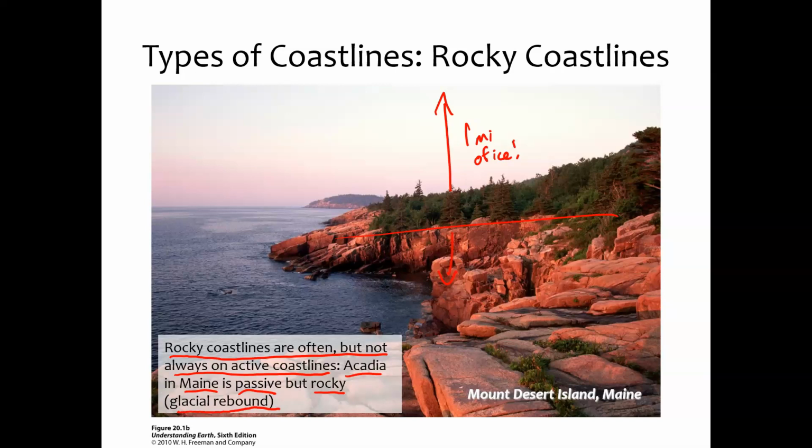Because there wasn't any more force pushing down on it, it started to rise slowly, even a little bit faster than sea level has risen since the ice melted. And as a result, those rocks are now sitting a decent bit above sea level today. So I just want to point out that rocky coastline isn't always active, but it is usually active. This is a pretty rare thing.